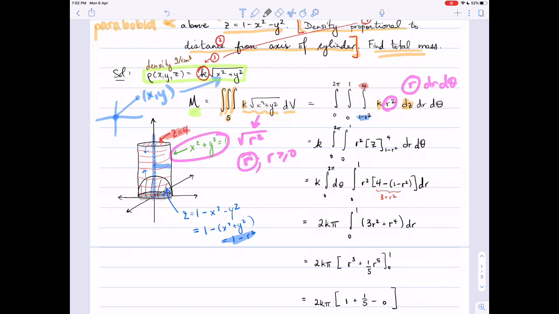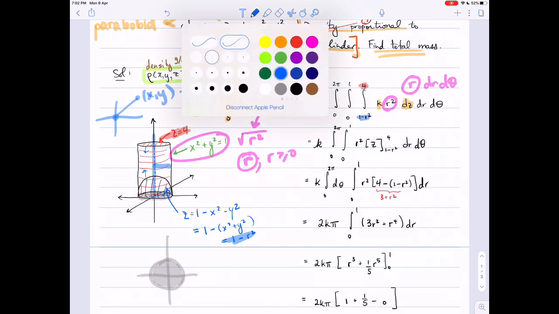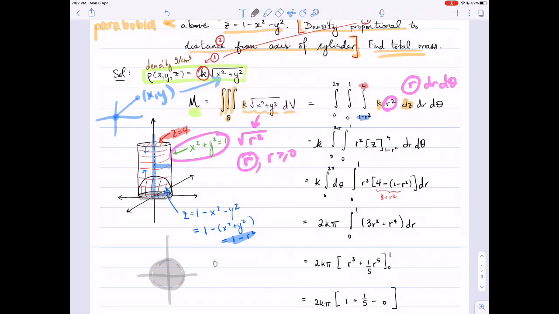So we're setting up our integral over the unit circle, the standard circle, using polar coordinates.